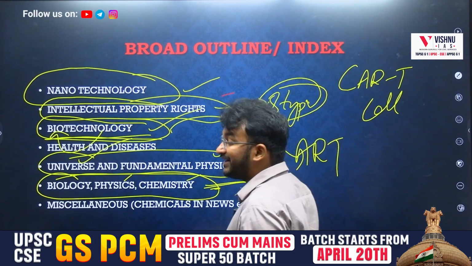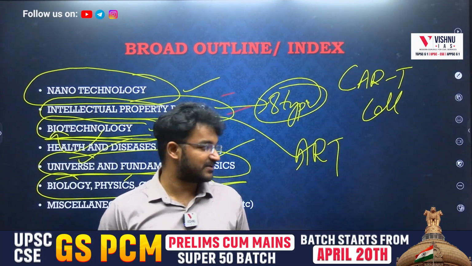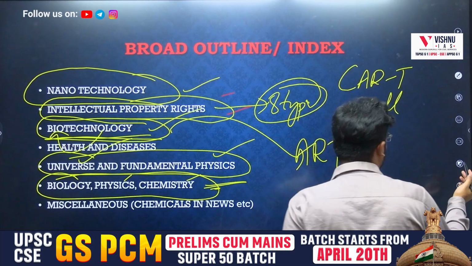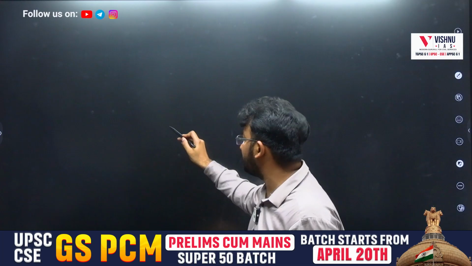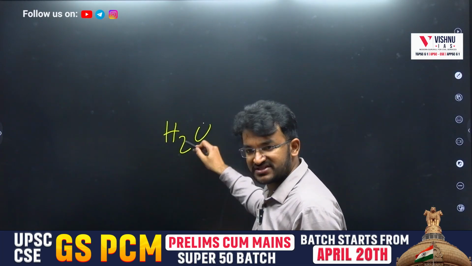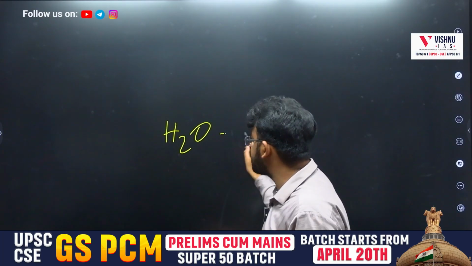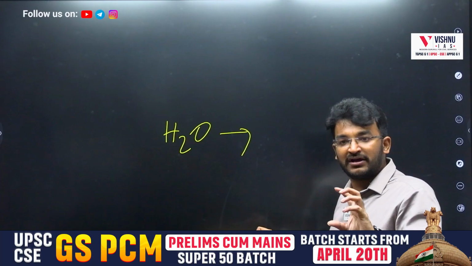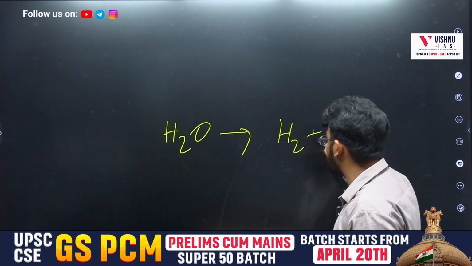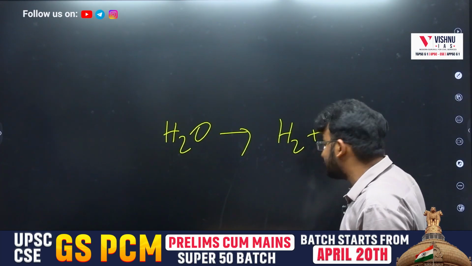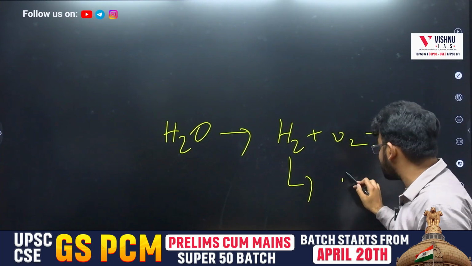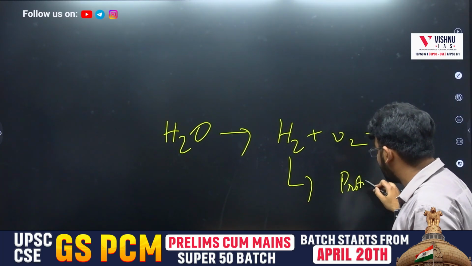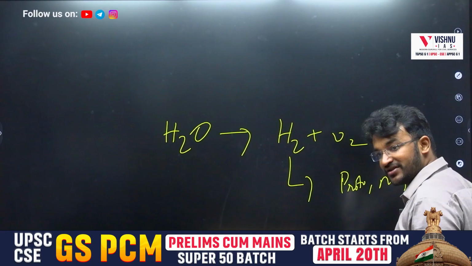Next, fundamental physics. Particle physics means, say, if there is a water bottle, inside it we will have water molecules, H2O. Now these water molecules are made up of hydrogen and oxygen atoms. This atom is made up of subatomic particles like protons, neutrons, electrons.